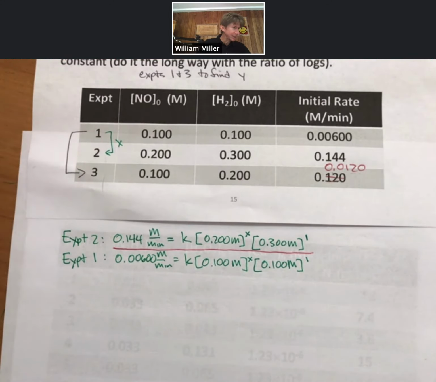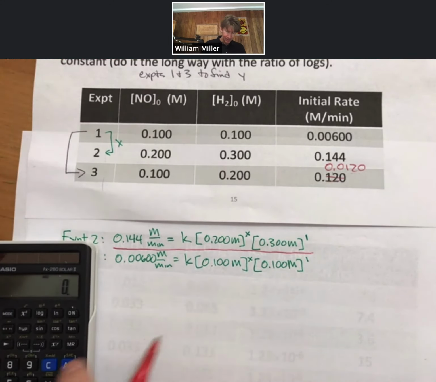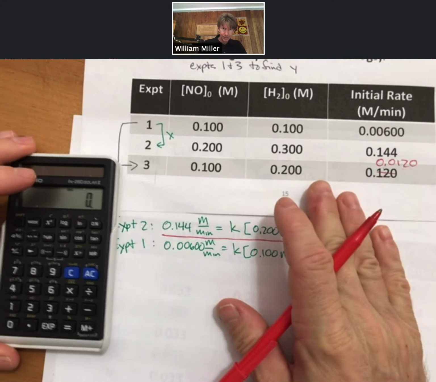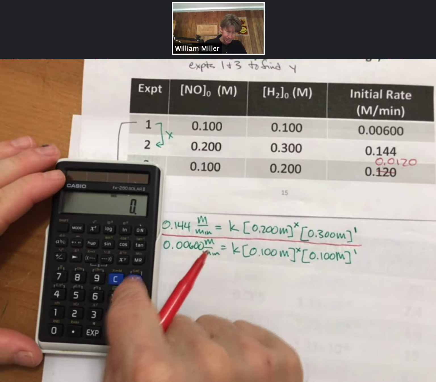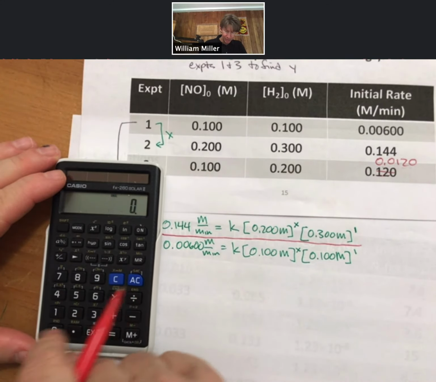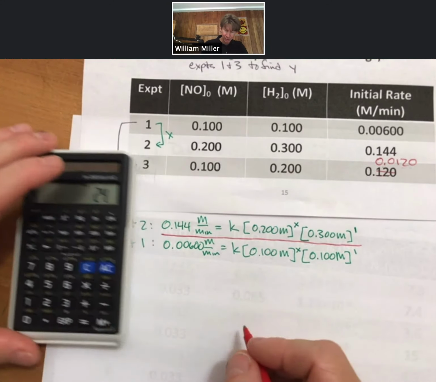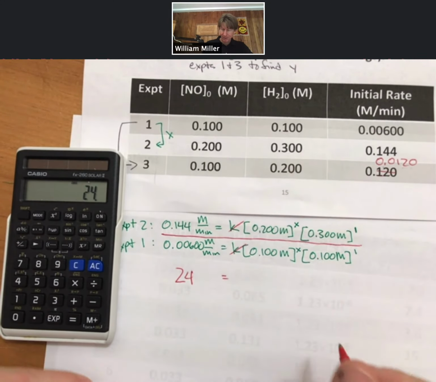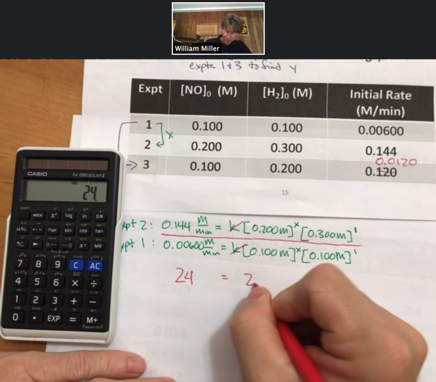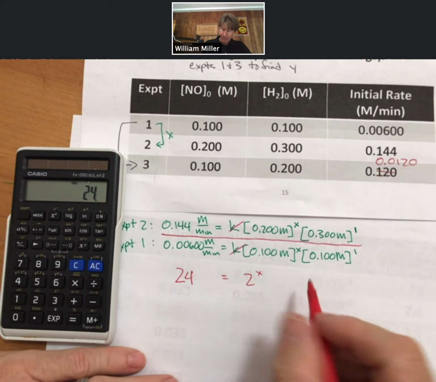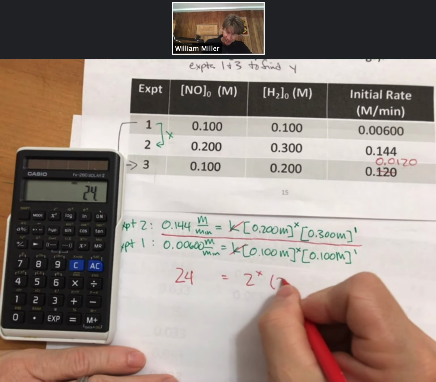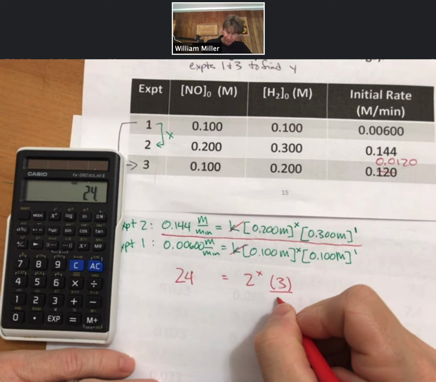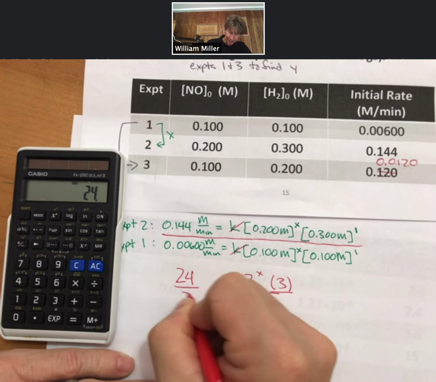And what we get now is 0.144 divided by 0.006, which is 24, equals, my K's cancel, I get 2 to the X, and this is just going to be 3. Divide through by 3 on each side.